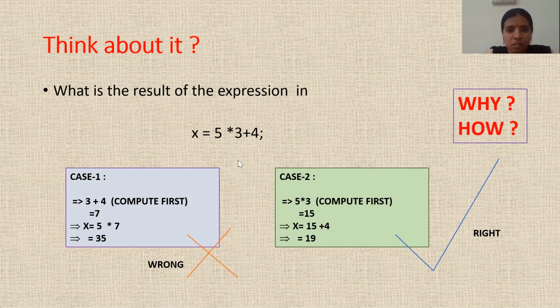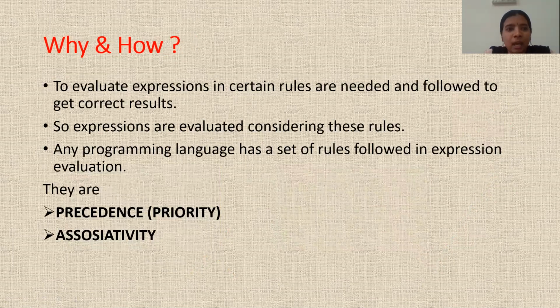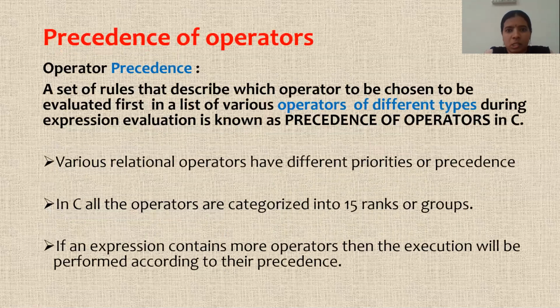When I throw this question at you, obviously you will say case 2 is right and case 1 is wrong. Because we all know that expression evaluation requires certain rules to process the expressions. So the expressions are evaluated considering certain rules, and such rules followed by the C language are called precedence and associativity.